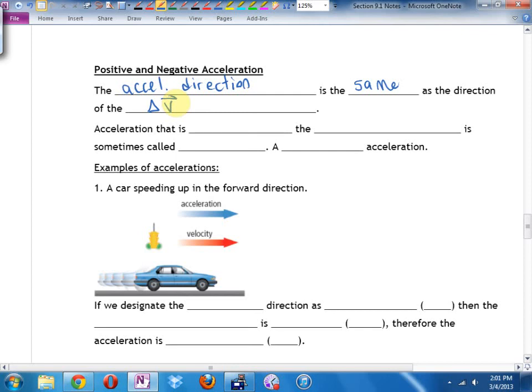Change of velocity. We're getting used to this. I'm trying to encourage you to use the symbols because it's a good way to memorize them, and you need to know them for the test and for the provincial, Justine. So if your change in velocity is negative, then you're accelerating down, or west, or left, or whatever you have described in your reference frame as negative.